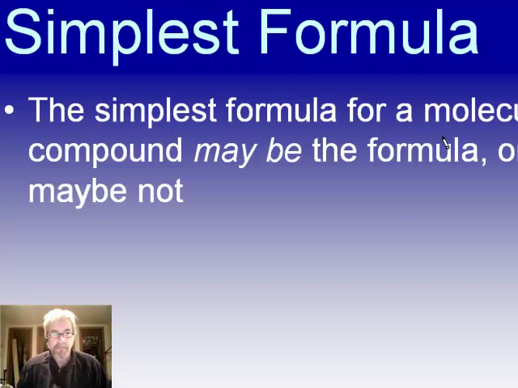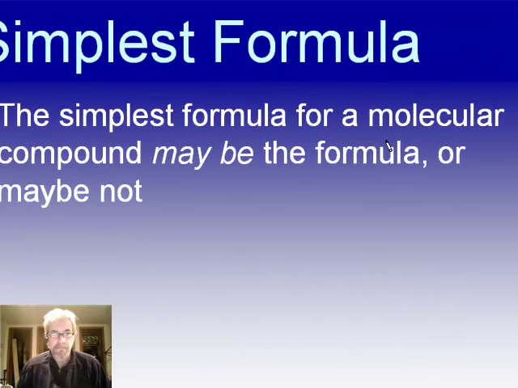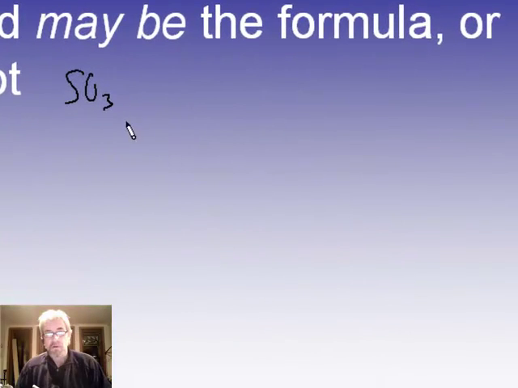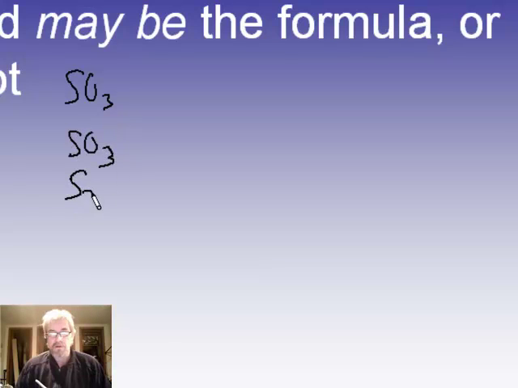For a molecular compound, in other words, something that's made all of nonmetals, the simplest formula may be the formula, or it might not be. Here's an example. SO3 is the simplest formula for, of course, SO3, but it's also the simplest formula for S2O6 because the lowest whole number ratio in S2O6 is SO3, or S3O9, that's also SO3, or S4O12.